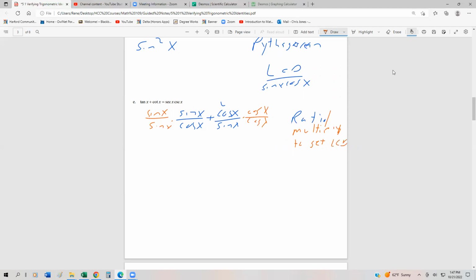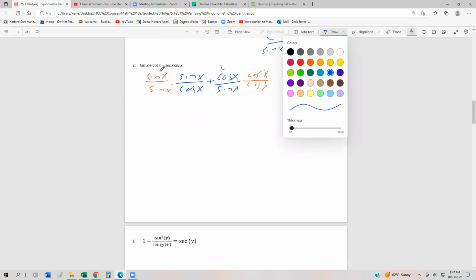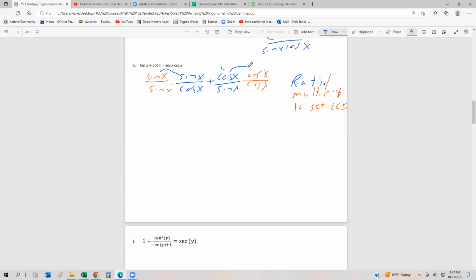And so now what we can do is just multiply those together. If we do so, sine times sine is going to be sine squared, cos times cos is going to be cos squared. So we get sine squared x over sine x cos x plus cosine squared x divided by sine x cos x.